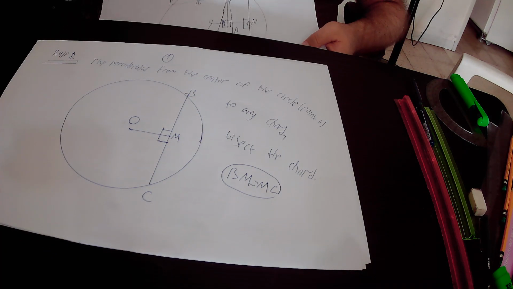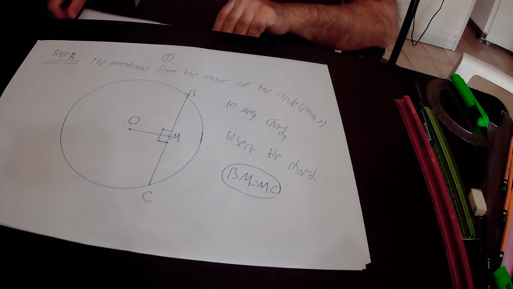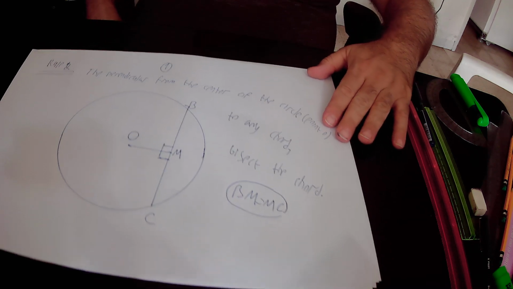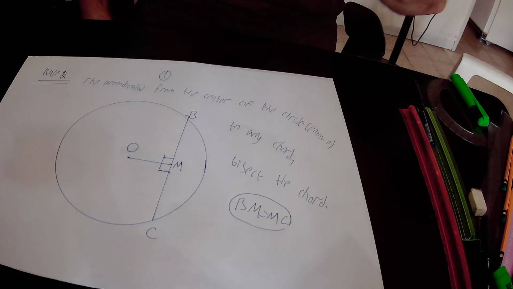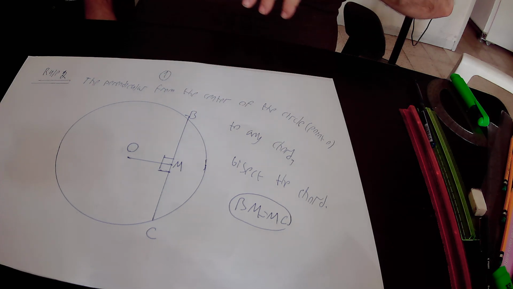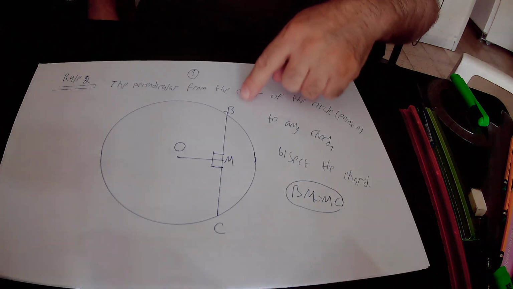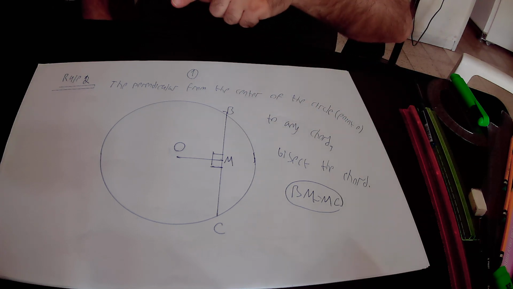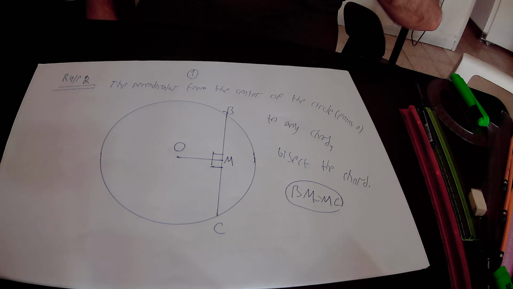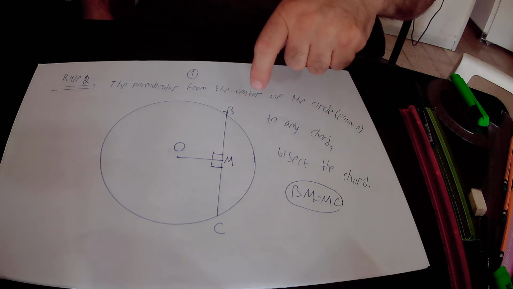Then I presented to you rule number 2, and we implemented rule number 2 in our drawing. According to rule number 2, the perpendicular from the center of the circle, that is to say from point O, to chord BC, that could be any chord, bisects the chord. Here we have perpendicular OM towards chord BC, therefore it bisects chord BC.